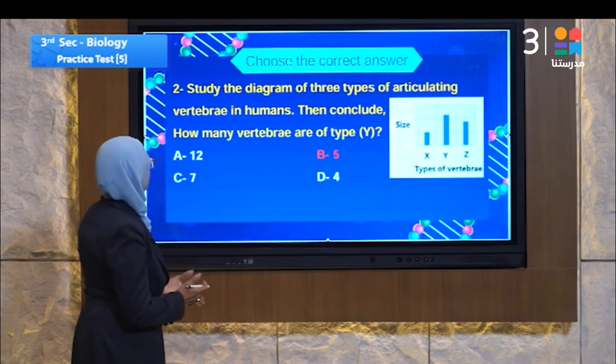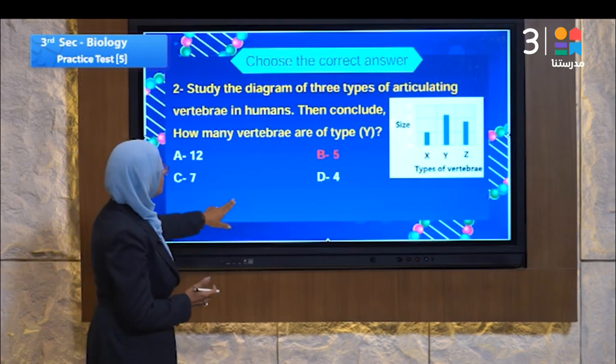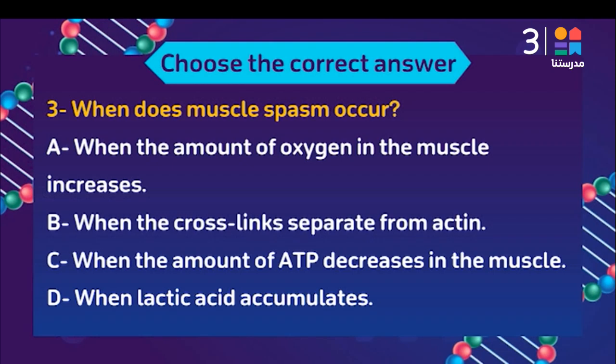Let's go to question number 3. When does muscle spasm occur? Muscle spasm means contraction of the muscles. Let's read the choices. A, when the amount of oxygen in the muscle increases. B, when the crosslinks separate from actin.